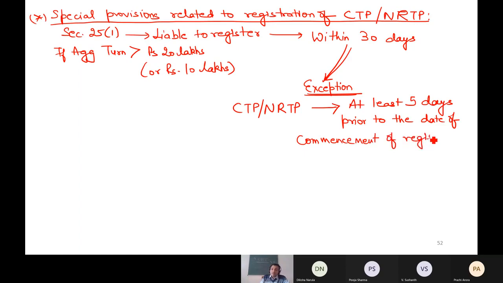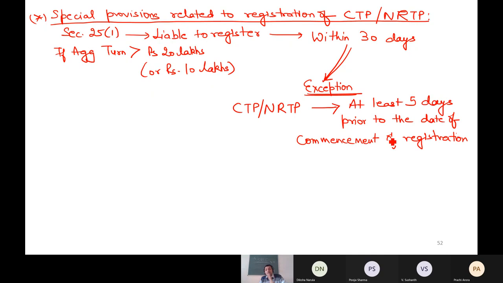That is why for others the time limit is given once you start the business. When your turnover does not exceed the limit, no need to take registration. But when you are a casual taxable person or non-resident taxable person, it does not matter what your aggregate turnover is.